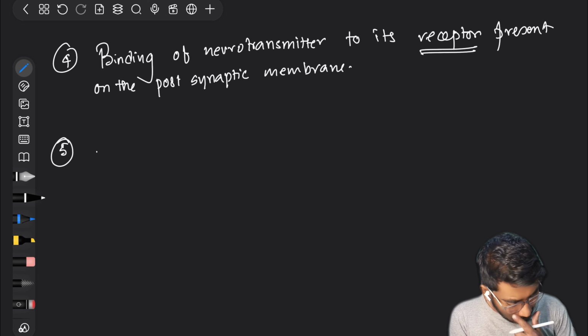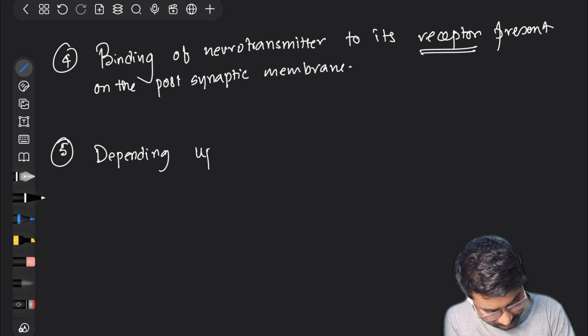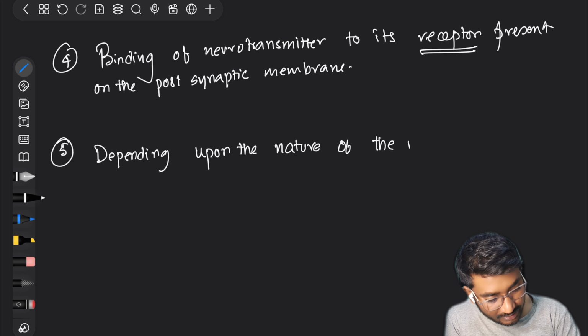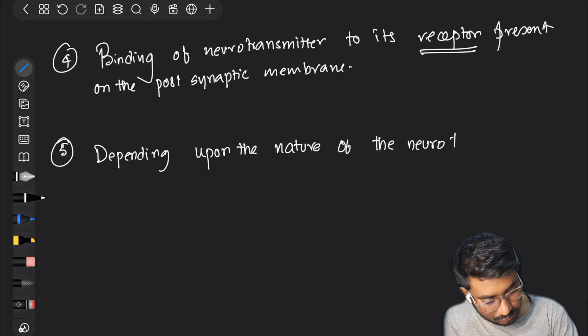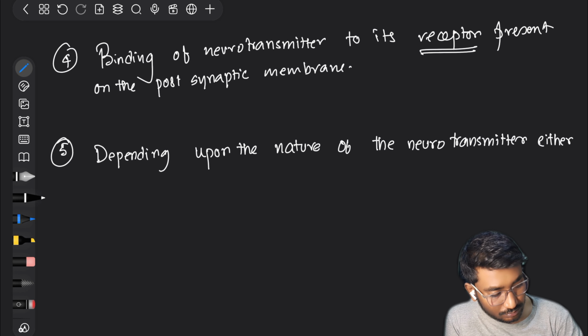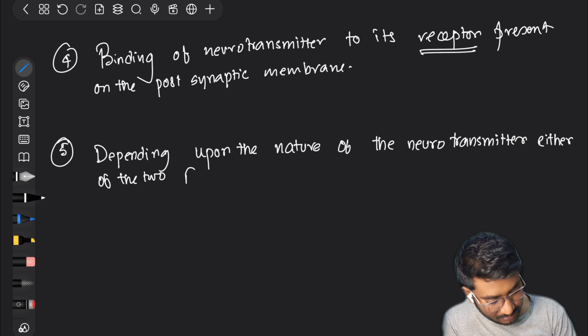Okay. So depending upon the nature of the neurotransmitter, either of the two. Excitatory postsynaptic potential, EPSP.